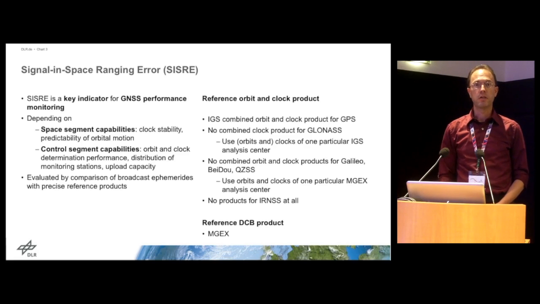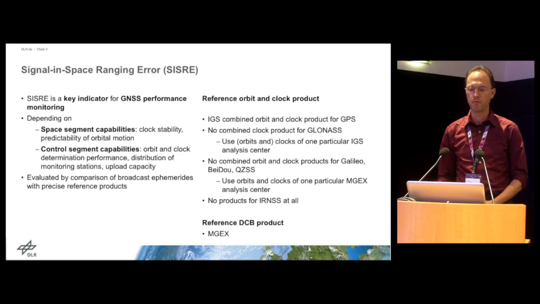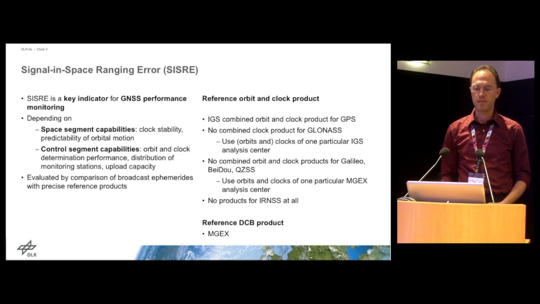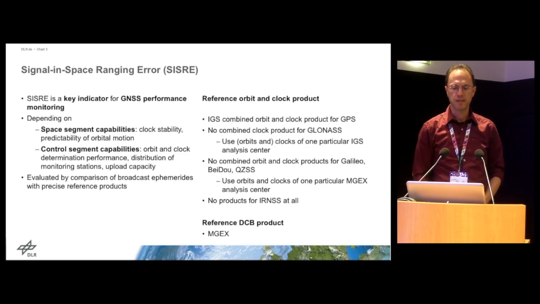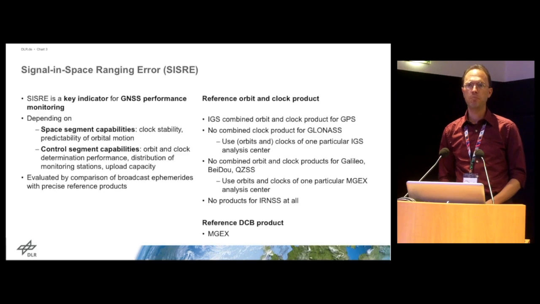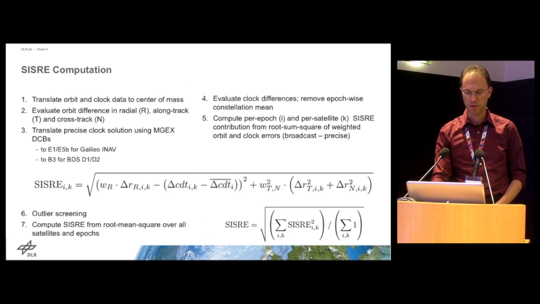For Galileo, BeiDou and QZSS there's also no combined product, so again we use one single analysis center product, now from the MGEX project. And for IRNSS, there's no product available up to now. You will see on the next slide that we also need differential code biases for some purposes, and here again we use the MGEX product.